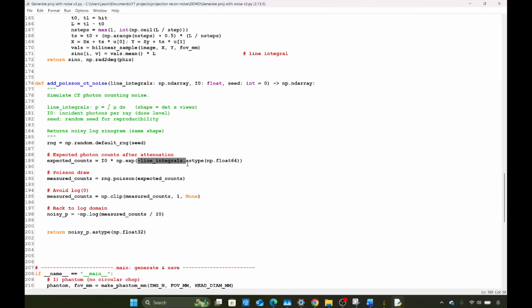To simulate real-world photon detection, it follows a Poisson distribution, so we generate the measured counts using the Poisson distribution around the expected counts. And then we take the negative log to recover the measured projection. And this projection will have noise.